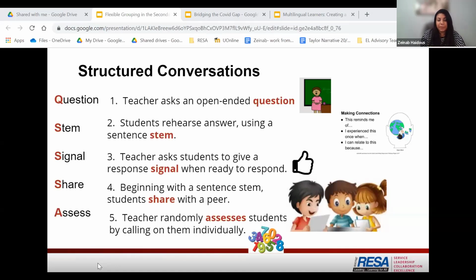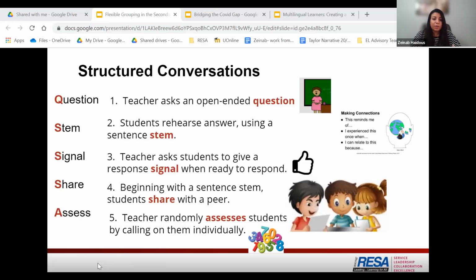So the teacher begins by asking an open-ended question. So think about this question and use rich vocabulary that is incorporated in your lesson, and keep it posted where it's visual, as a visual for your students. Make sure that that question is linked to the objectives and the goals of your lesson.